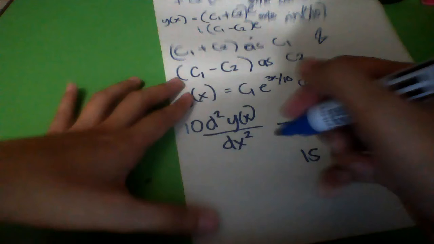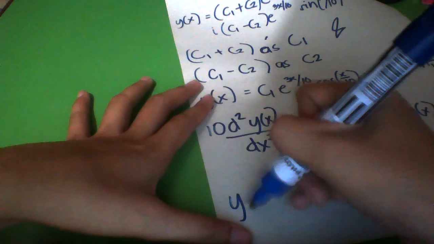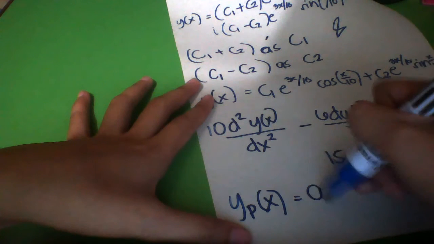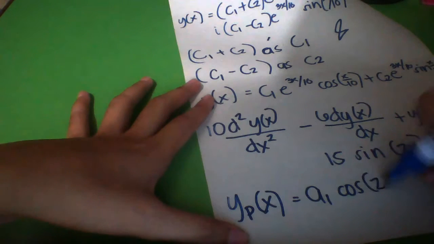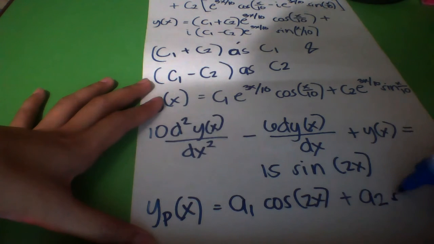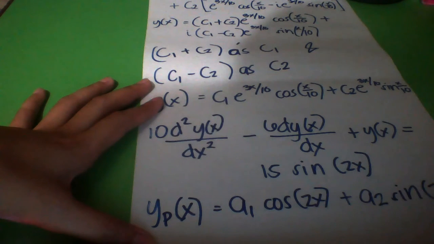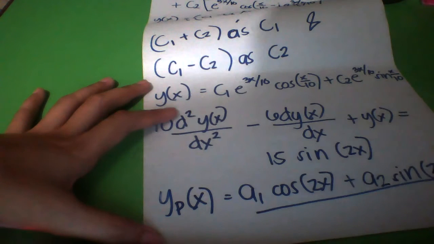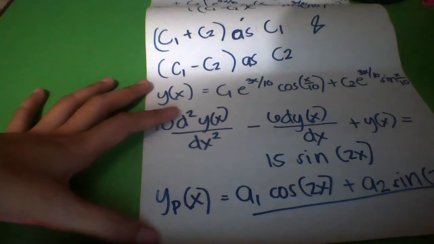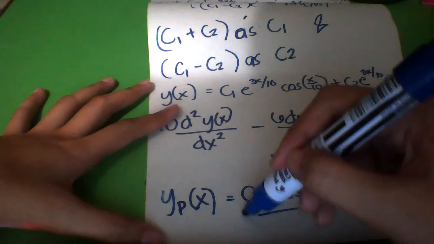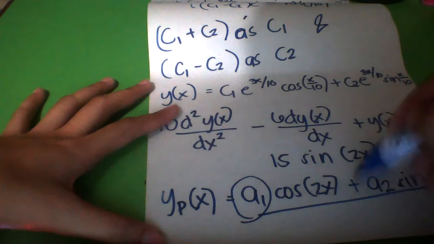So the particular solution is y sub p of x is a1 cosine 2x plus a2 sine 2x. Then solve for the unknown constants, which are a1 and a2.